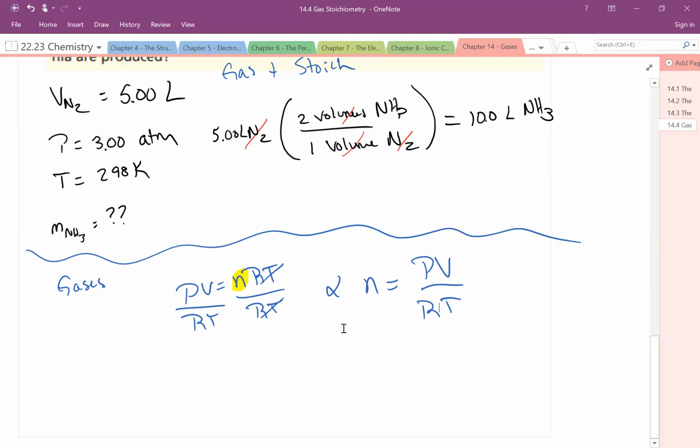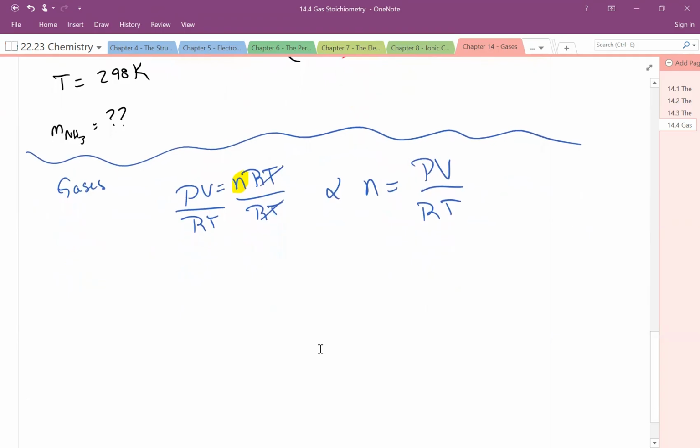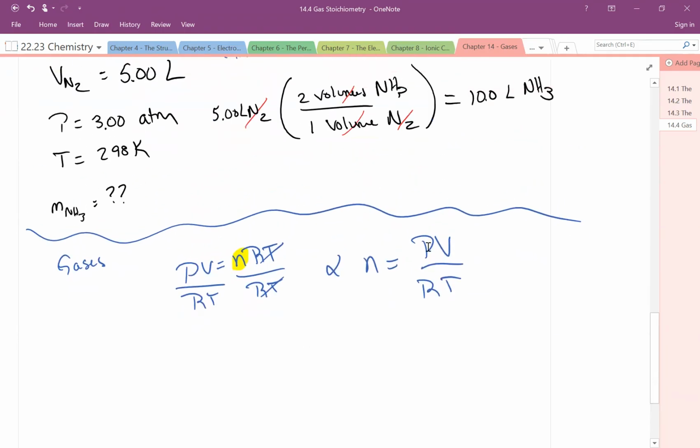Let me give myself a little more space. So we said n equals PV over RT. P was 3.00 atmospheres, ATM. We had 10.0 liters of NH3. That's our liters.